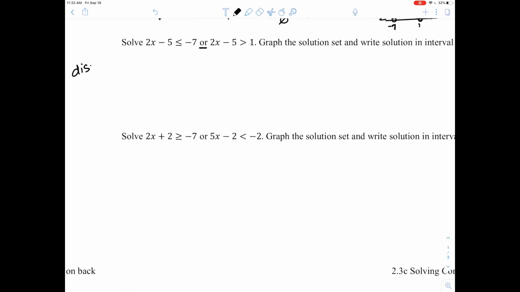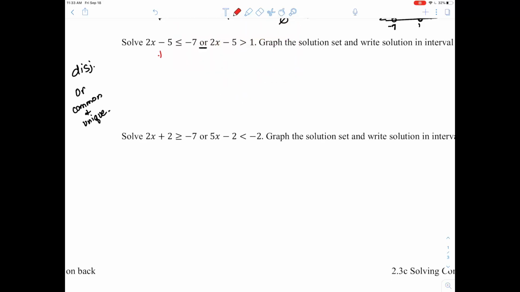This is a disjunction, so I'm just going to write disj. Okay, so these are or. So true for one or the other. So common, that's the overlap, and unique. Remember, unions are inclusive of everything, every solution. So what is common and what is unique?